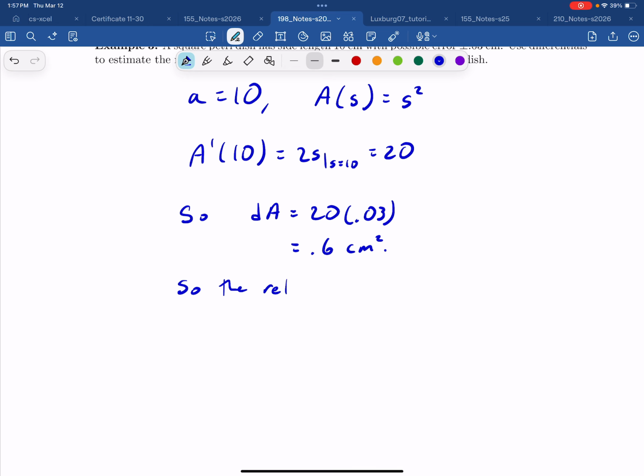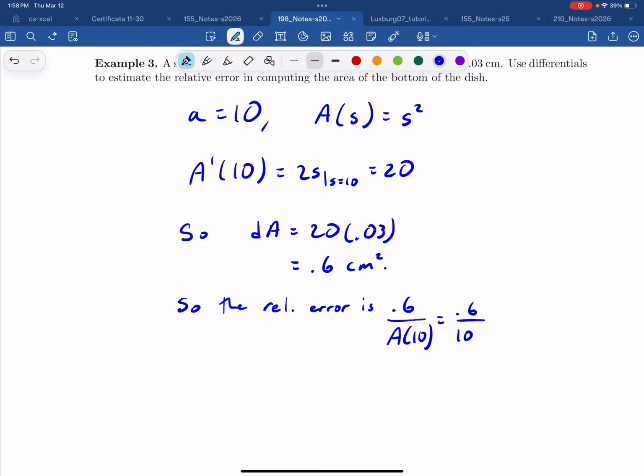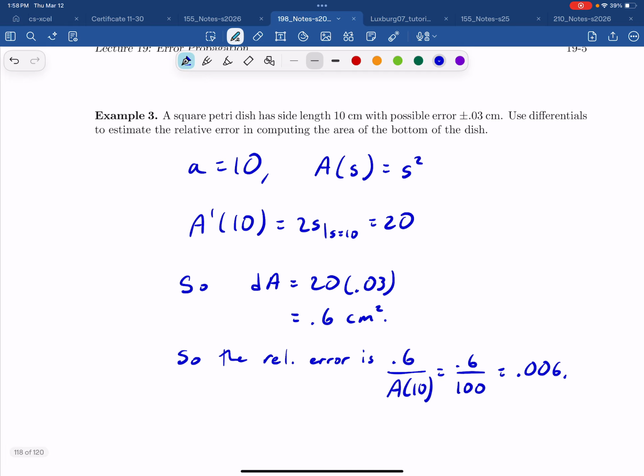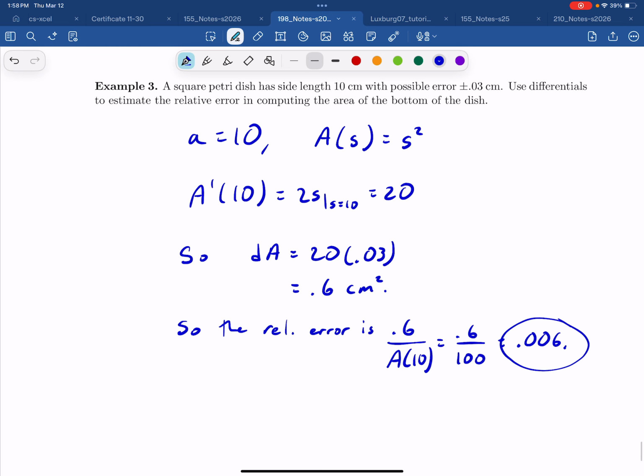So the relative error is 0.6 divided by A of 10, which is 0.6 divided by 100, which is 0.006. Okay. So if you're off by 0.03 centimeters, then the area is off by 0.006 or 0.6%. And note that in this case, this measure is dimensionless. There are no units.